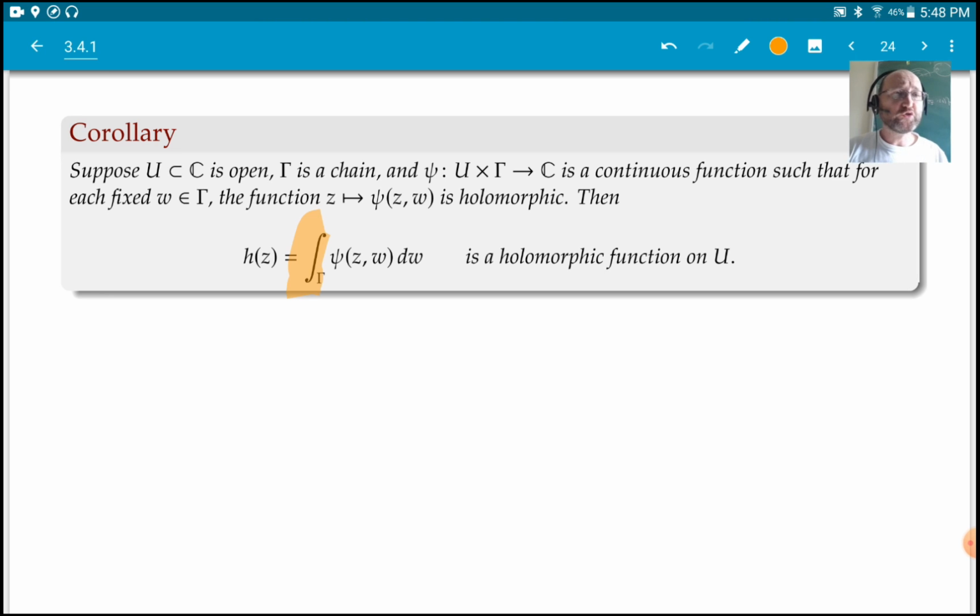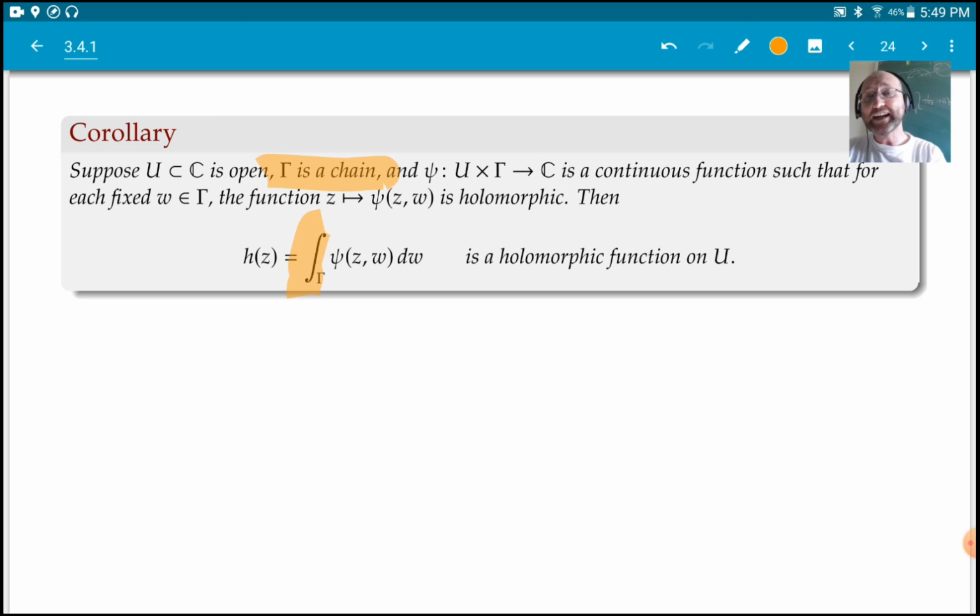And so this could really be a path or a chain in this case. A chain is just going to be, this integral is just a sum of a bunch of path integrals, and each one of those path integrals, when you parameterize it, is really an integral from 0 to 1. You could always parameterize that way, right?